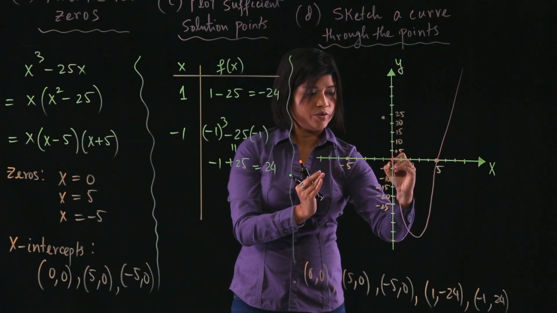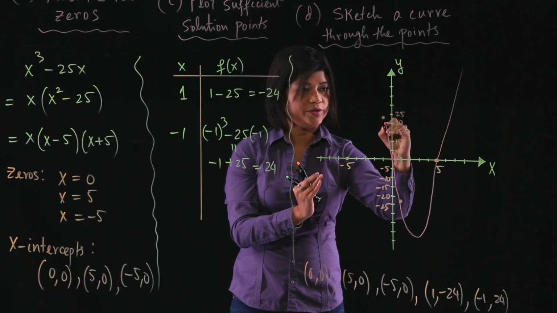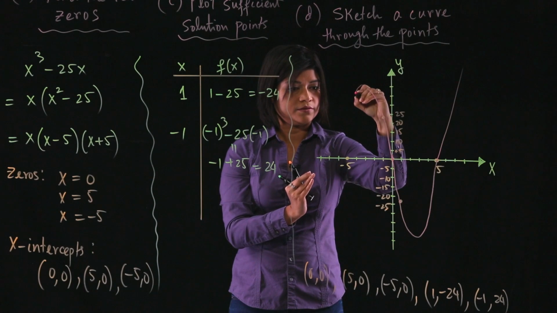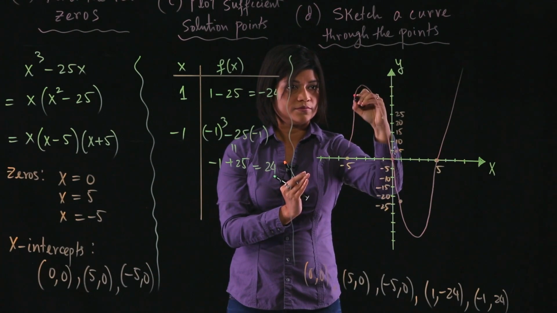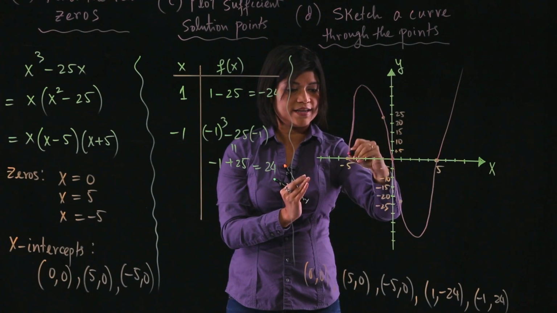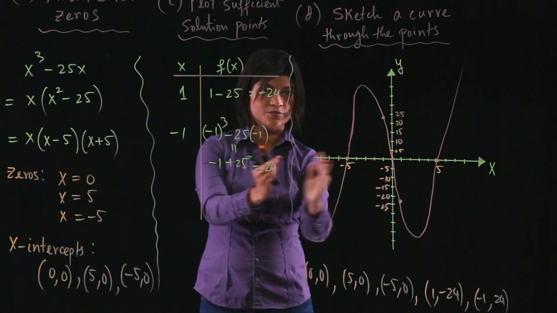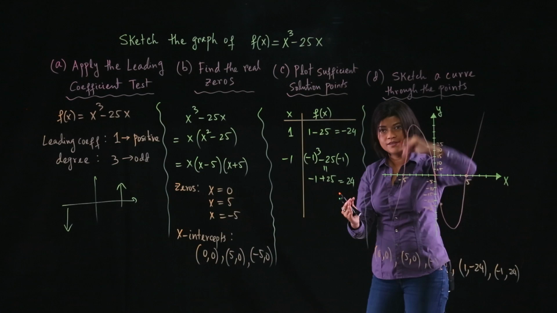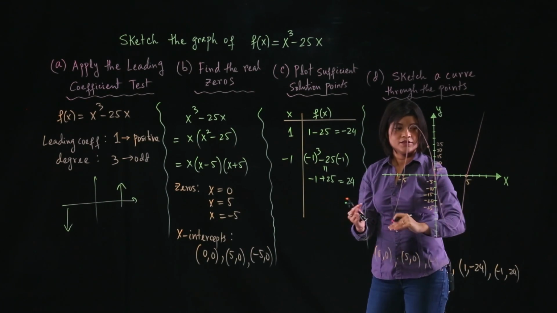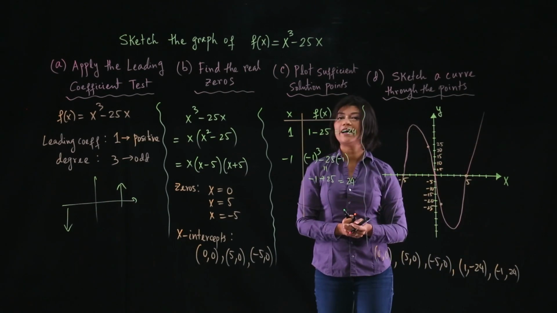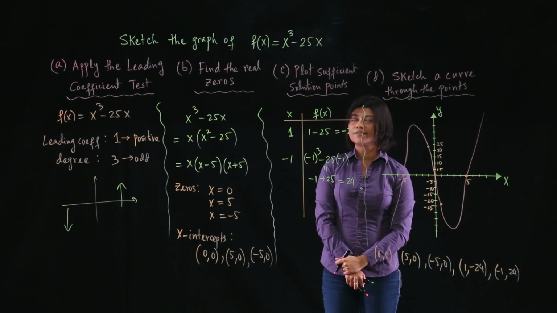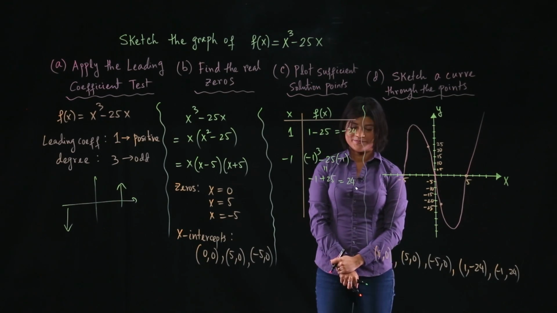So it'll join from between 0 and this point and go farther, and then it'll come down, cross the x-axis, and it'll keep on going, because we have seen that when x is approaching negative infinity, the curve falls to the left. So roughly, this is the graph of this function x cubed minus 25x. Thank you.